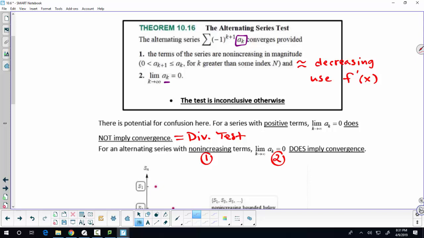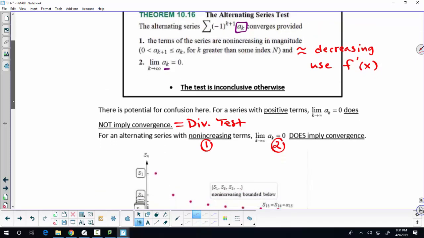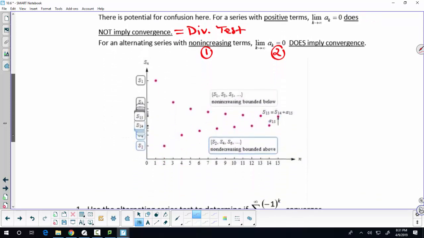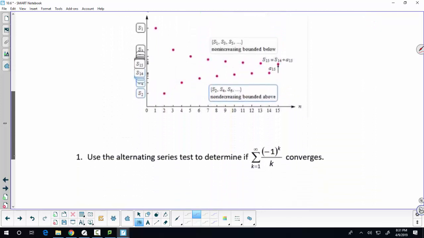So for positive terms, the divergence test didn't have this criteria that they have to be decreasing, because that's kind of built into the test. If the divergence test limit is 0 and the terms are positive, it's implicit that they're decreasing. Okay, so both conditions have to be true for an alternating series to converge.